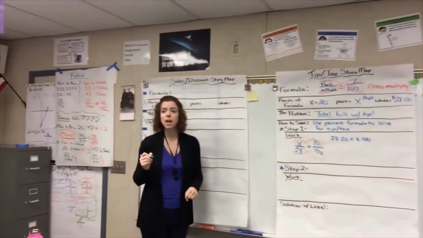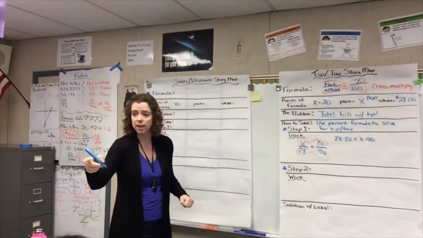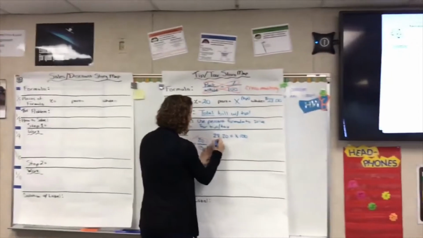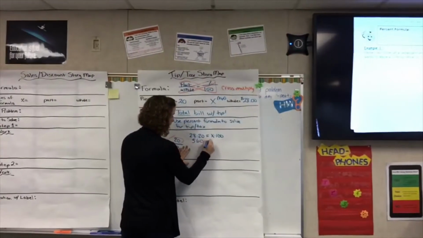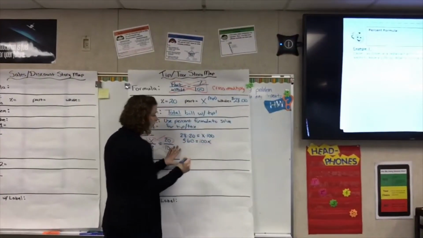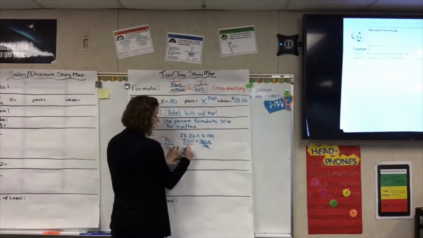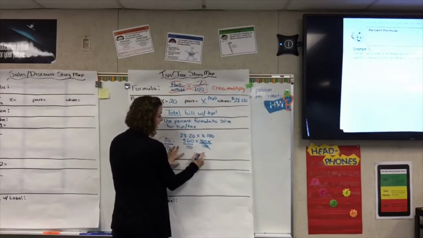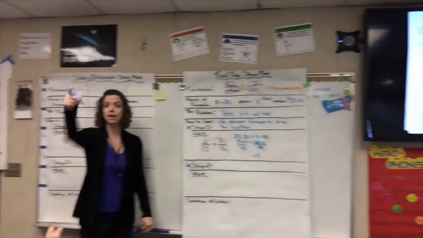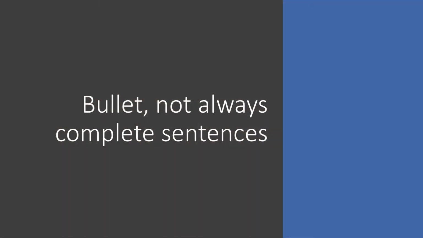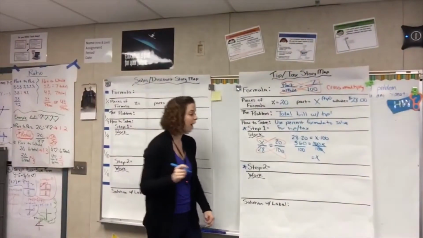Okay, can anyone tell me what 28 times 20 is? Did you get it? 560. Well done. And if we divide by our 100, what is our tip? 5.6.